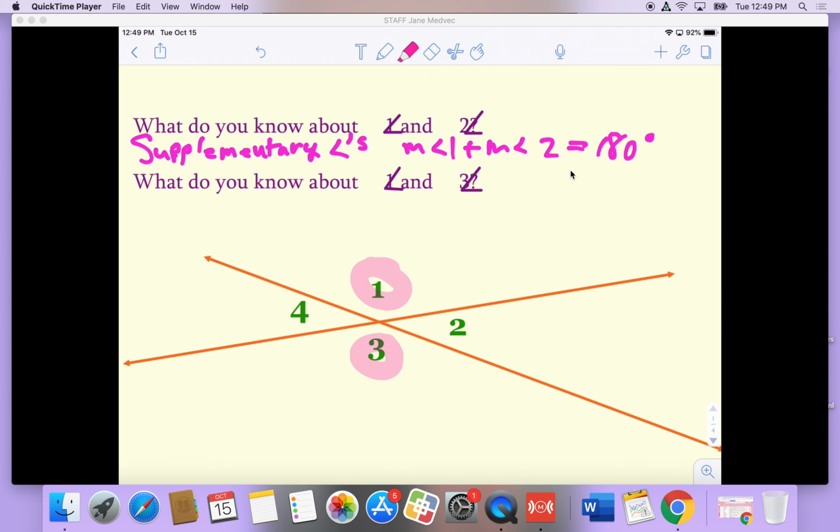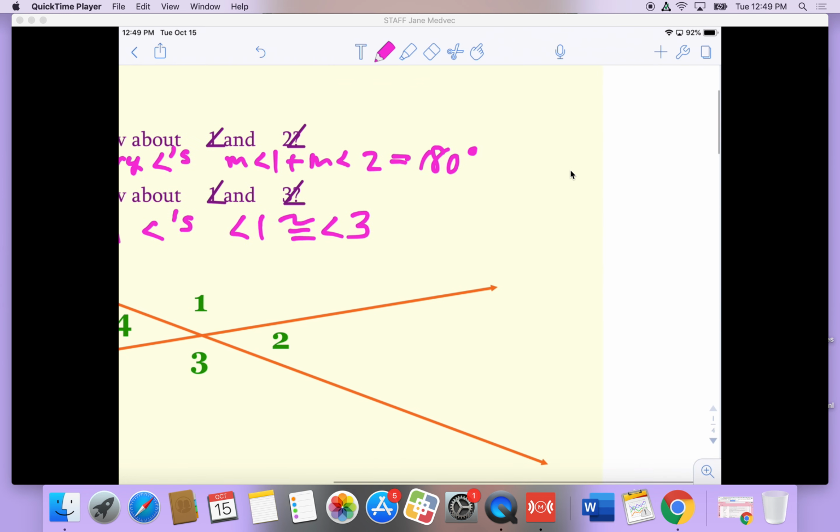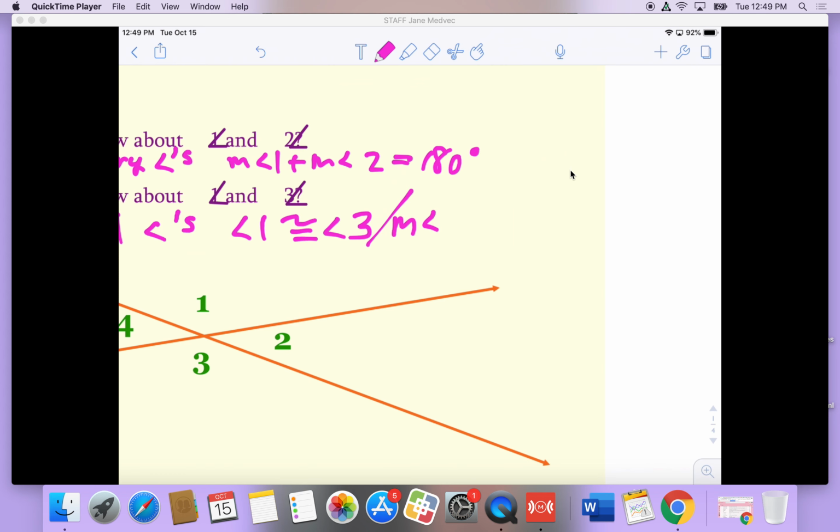And vertical angles, what do we know about them? They are the same. Yep, they're congruent. So these are vertical angles. So angle 1 is congruent to angle 3, or we could say the measure of angle 1 equals the measure of angle 3.